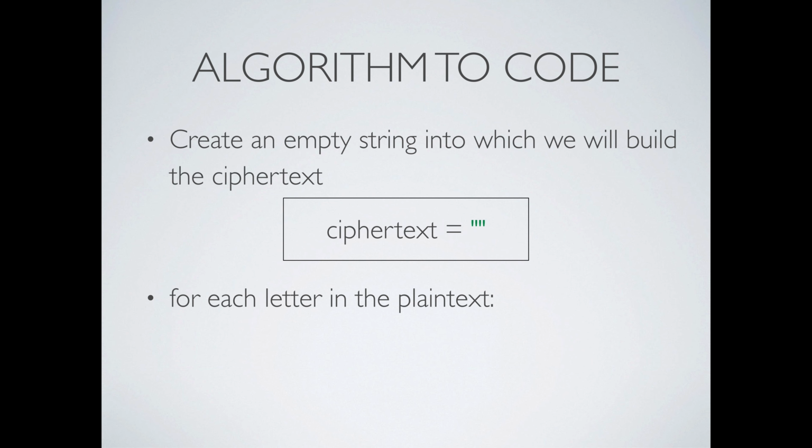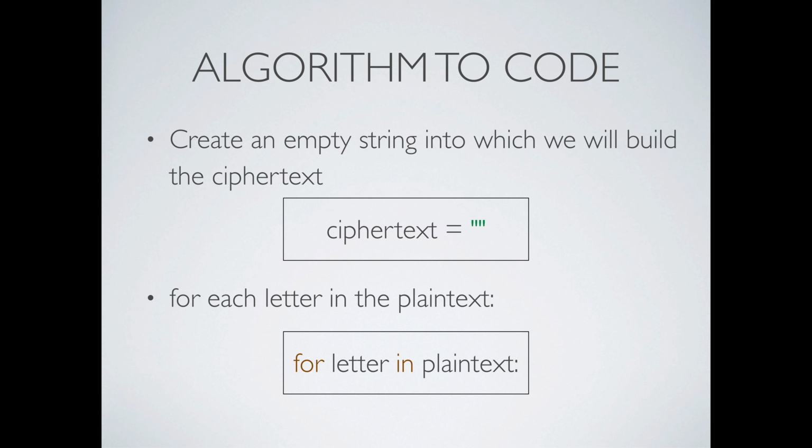And then we talked about how we go through each letter in the plain text, right? There are a lot of steps that we do for each letter, but as you can imagine, to go through each letter in the plain text, we're going to set it up with a for loop. With strings, and the plain text is going to be a string, you can iterate through every single character in the string by using a for loop. You can do for variable in string, and that will iterate over every single character one at a time.